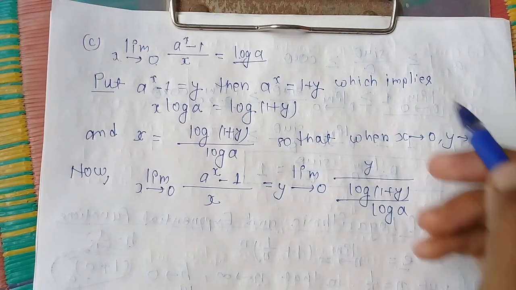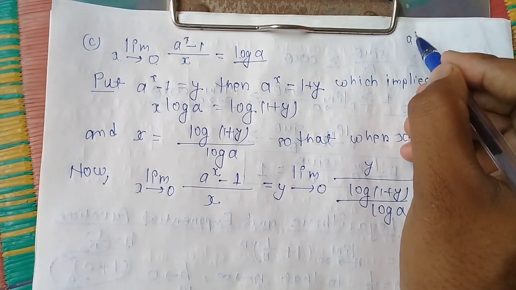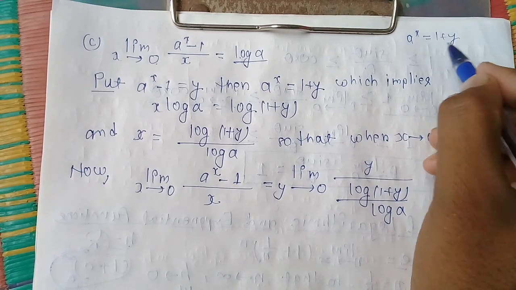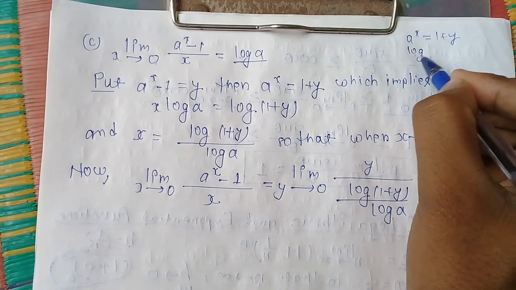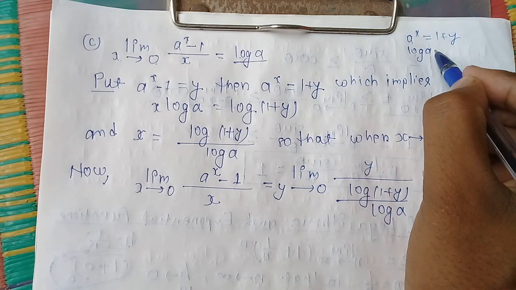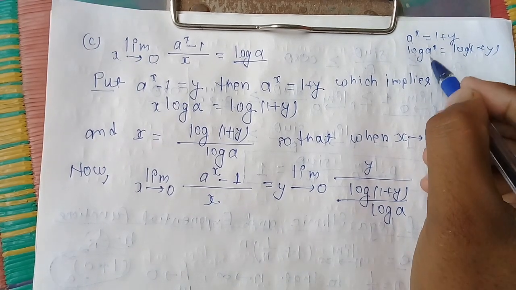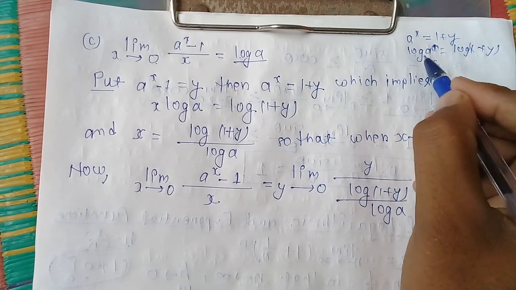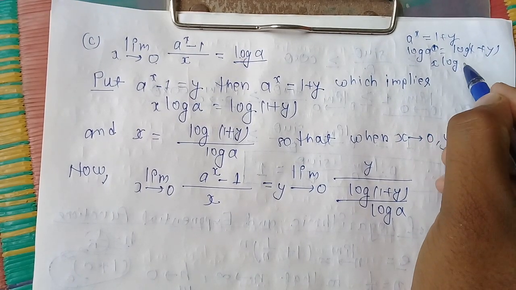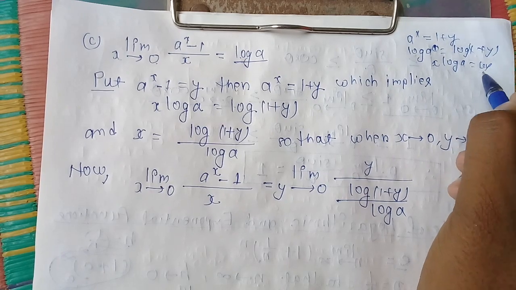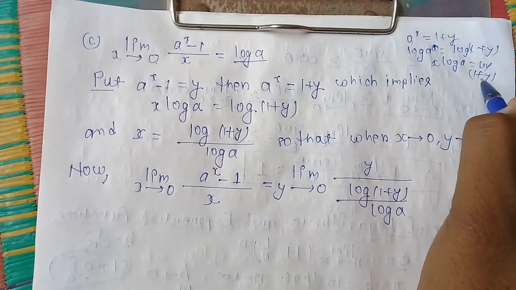Taking log on both sides, log a to the power x is equal to log 1 plus y. The power comes out as a coefficient, so x log a is equal to log 1 plus y.